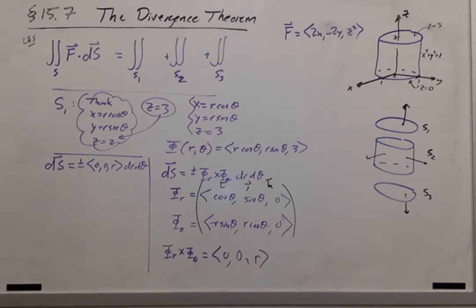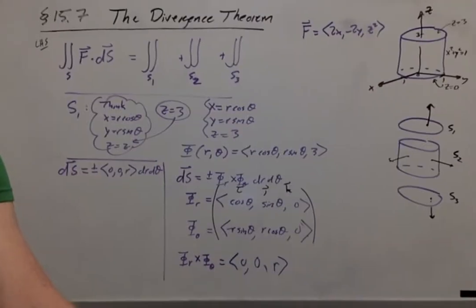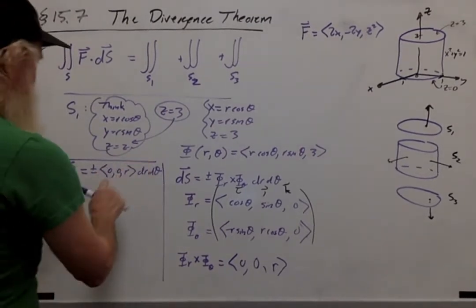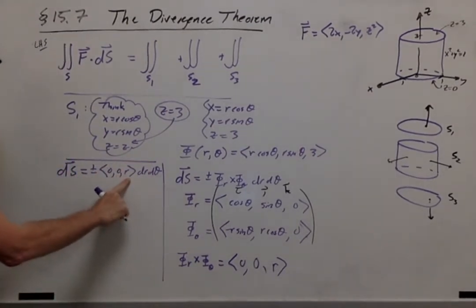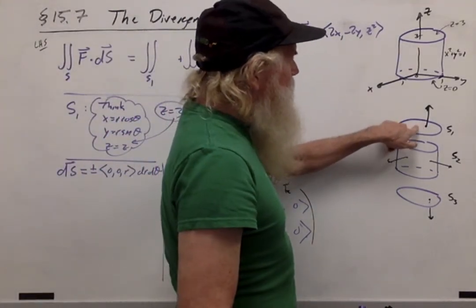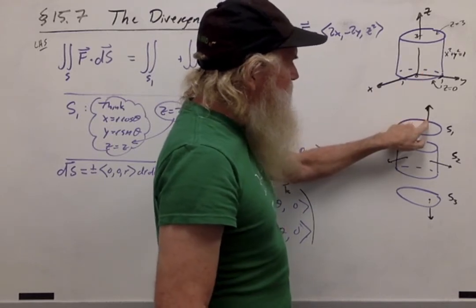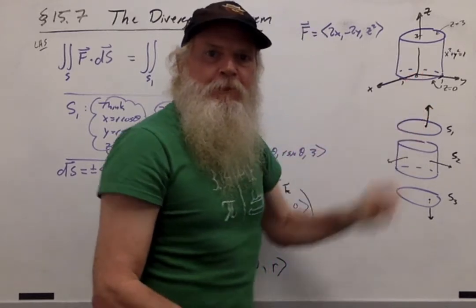Now a couple things to notice. One is that this is pointing parallel to the z-axis. And that's not surprising because this disk is perpendicular to the z-axis. So we expect our vector to be pointing straight up.